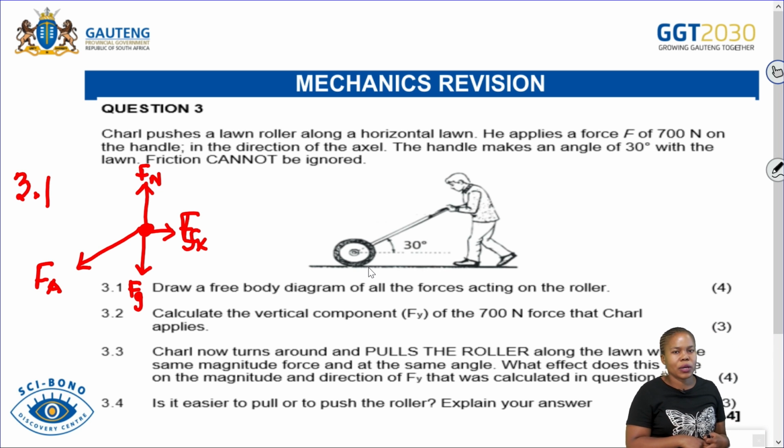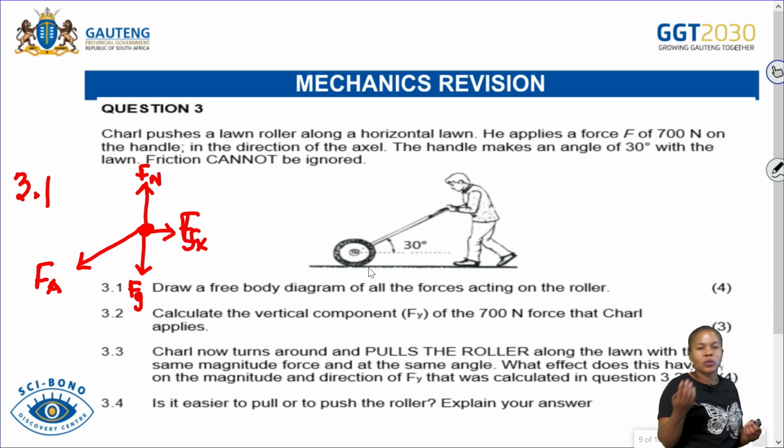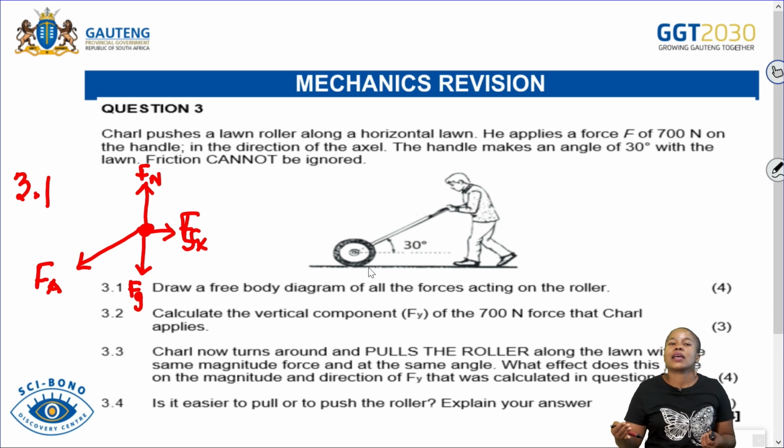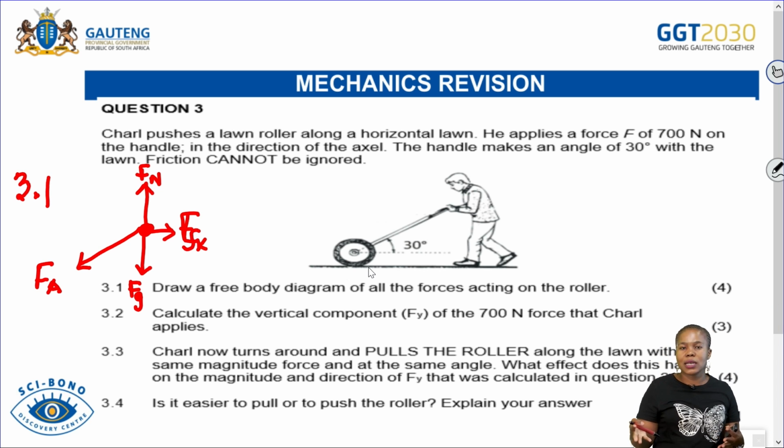Remember, arrows are very important. So this is pretty much 3 marks, because you just need to draw the length of these forces. You have to represent them nicely. The arrows need to be there because a force is a vector quantity. A vector quantity is a physical quantity that has magnitude as well as what? As well as direction.